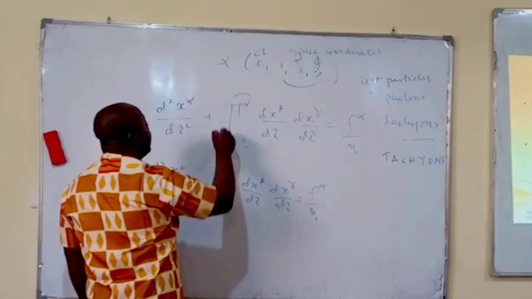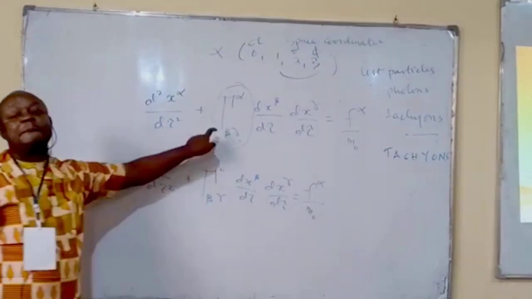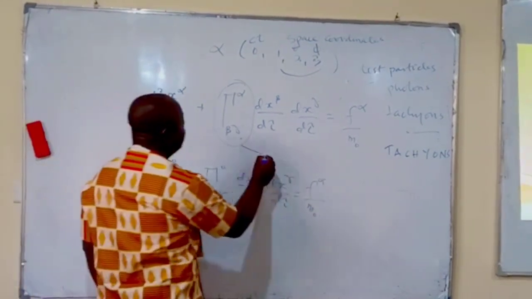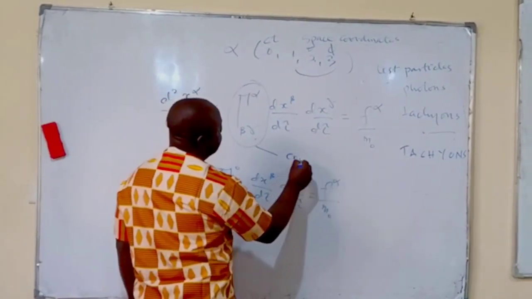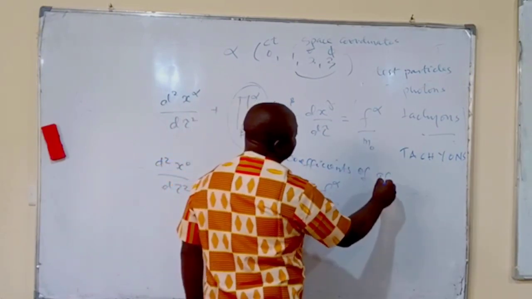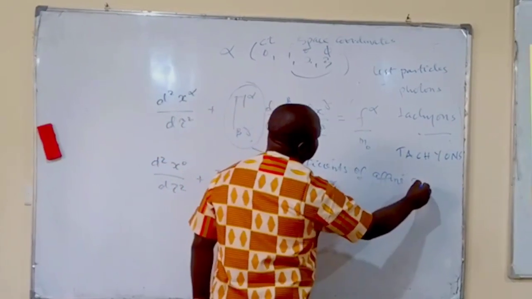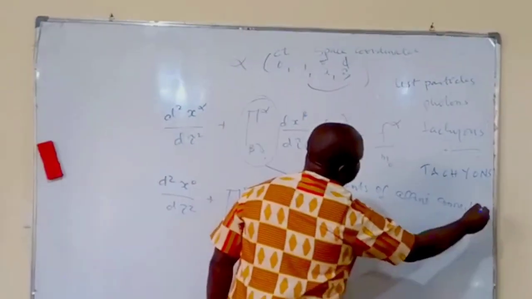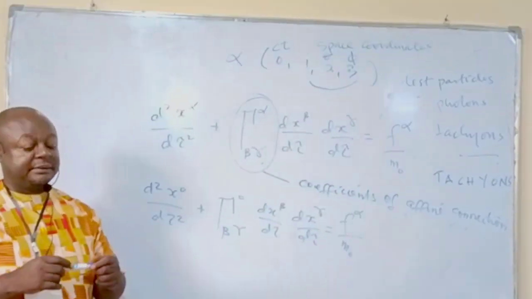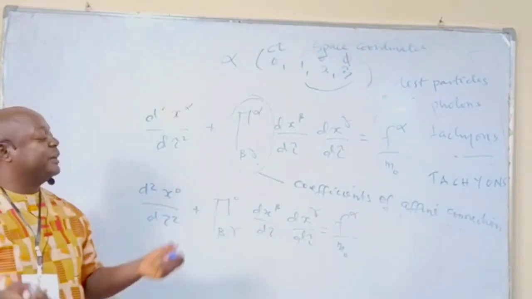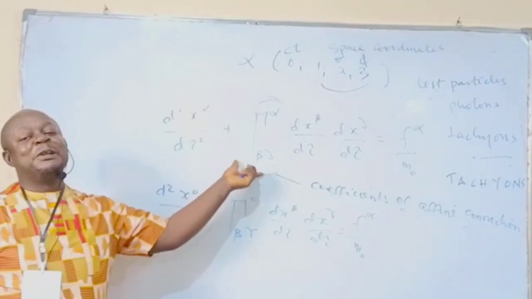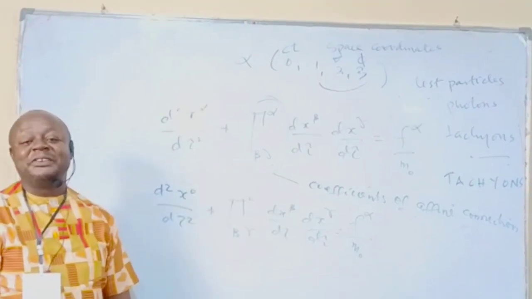But we have one funny guy here. This is what we call the coefficients of affine connection, or affine connection coefficients. And it has how many components? 64. We have agreed.